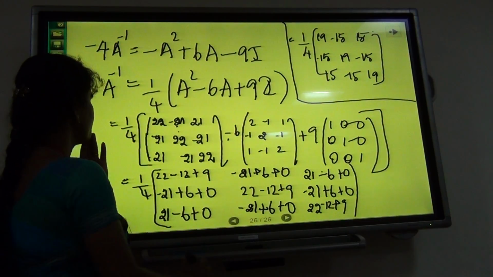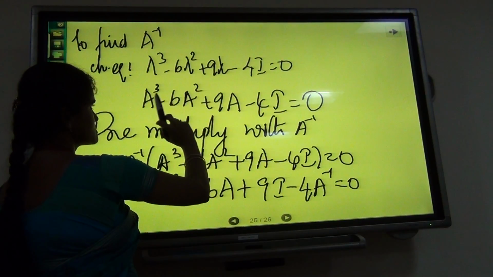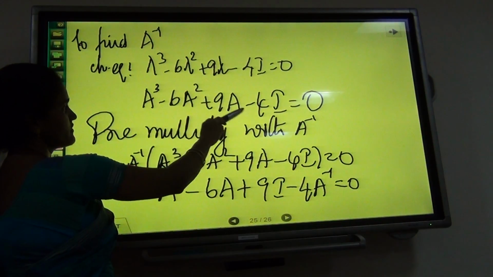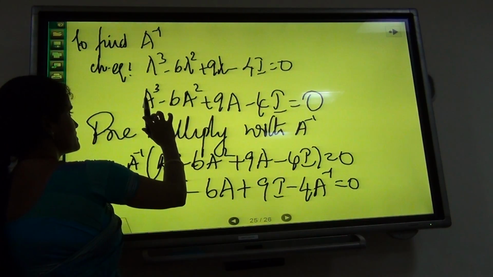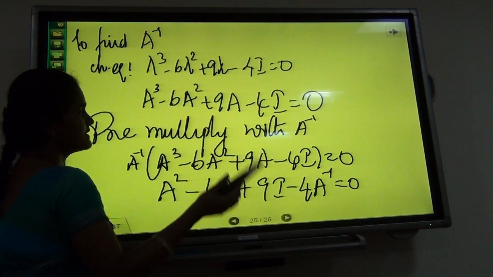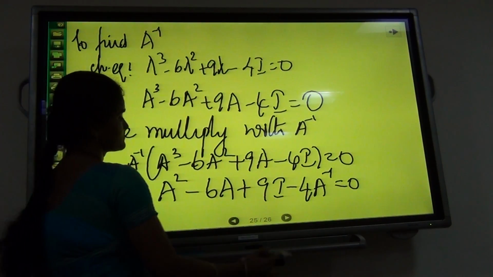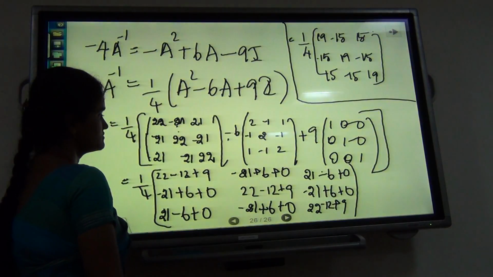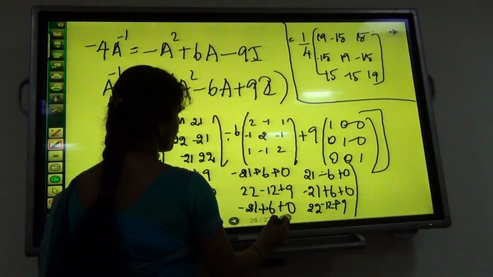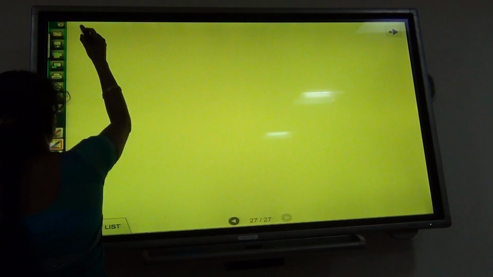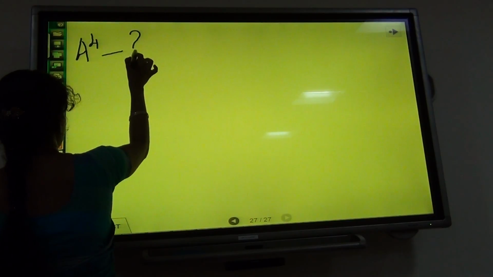So similarly, if we multiply A inverse to this equation, we were able to get what A inverse is. As we start the equation with A cube, if we multiply A to it, we will get what A power 4 is. The last subdivision added to the question is to find A power 4. How to find A power 4?